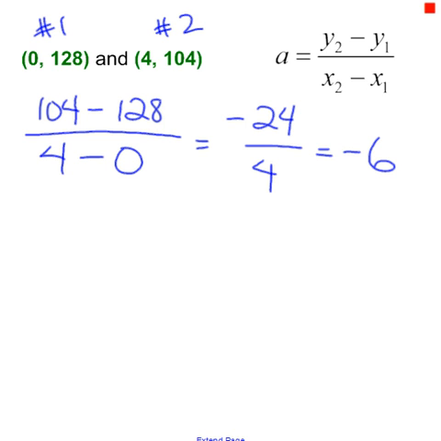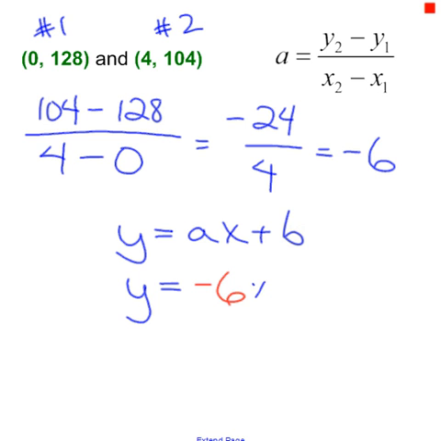So I take my general form of the slope-intercept form of an equation, and I'm just going to write in my slope. So y equals, I just plug my slope in there. Now this is where you have to solve for b.